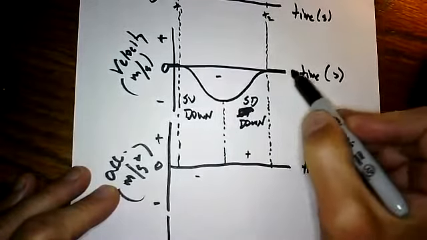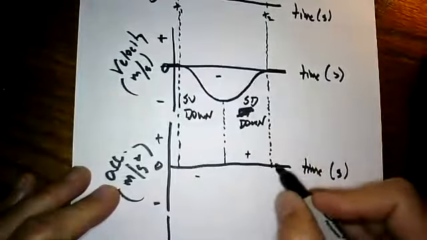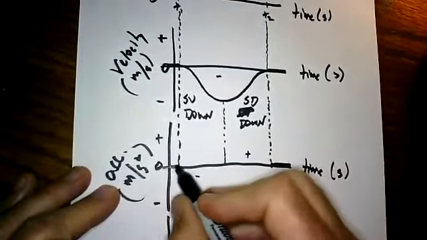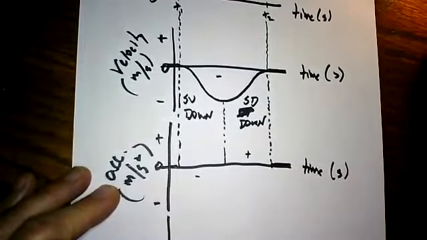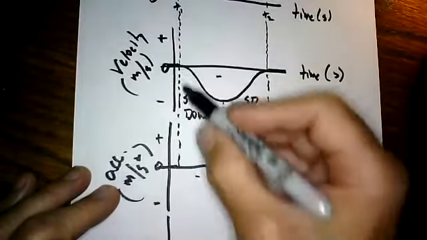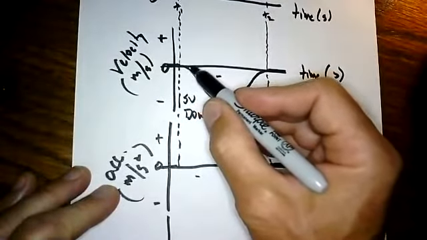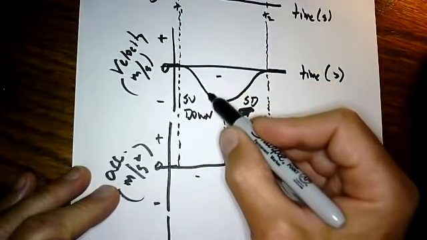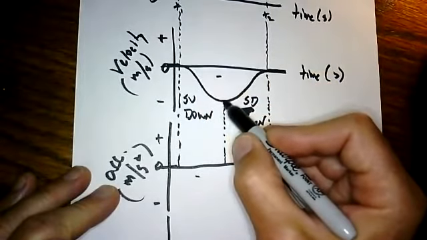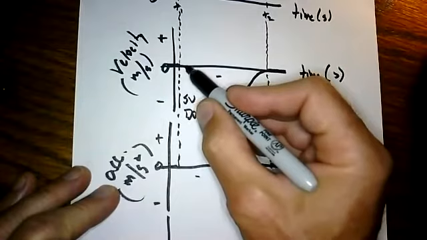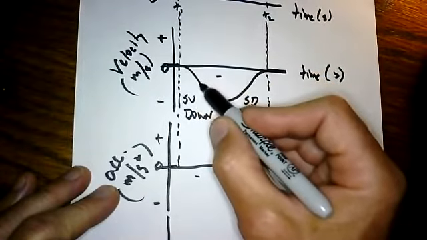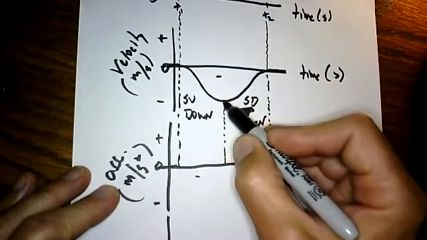We have 0 slope here, we have 0 slope here, so acceleration will be 0 in the beginning and ending portions. All right, and what happens is the rate of change of velocity starts to increase here, and then the rate of change of velocity starts to decrease. The steepness of the slope increases, and then the steepness of the slope starts to decrease.